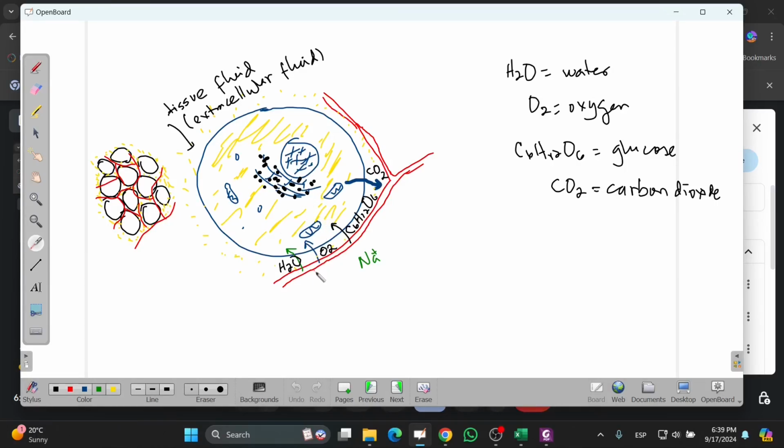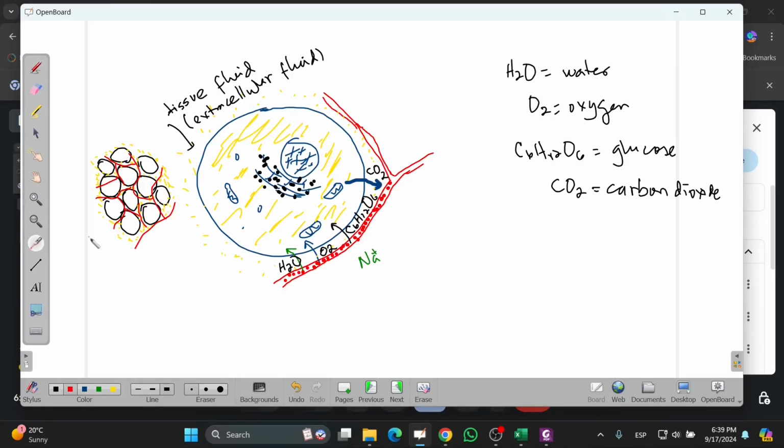Meaning that, for example, oxygen is transported from the lungs. Just imagine the millions of red blood cells that we have in the blood. Those red blood cells all carry oxygen.